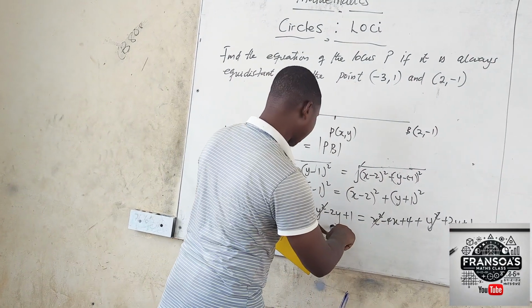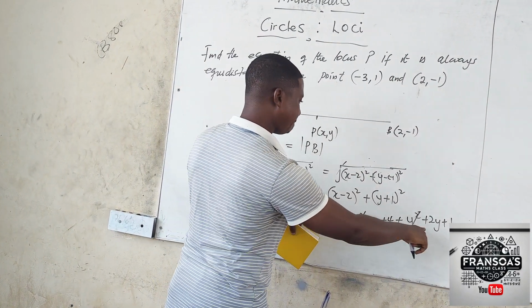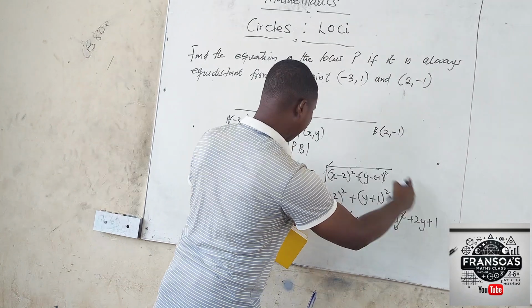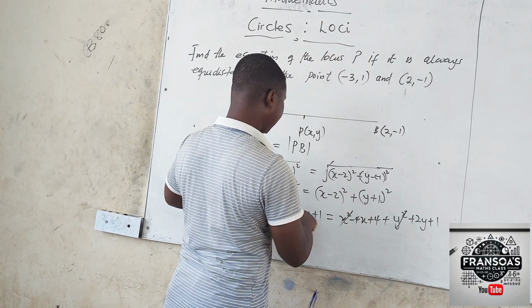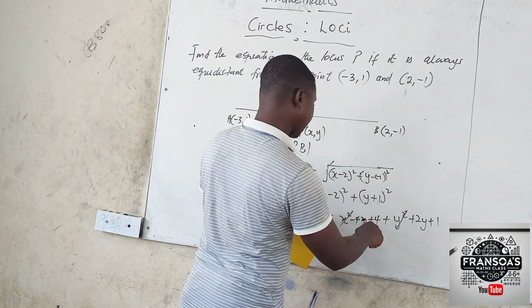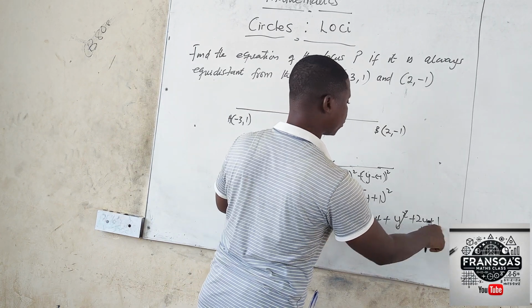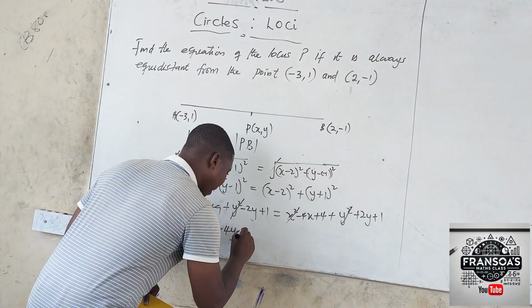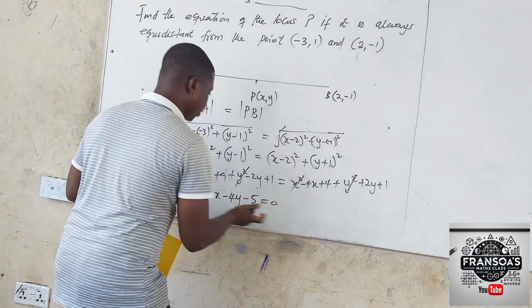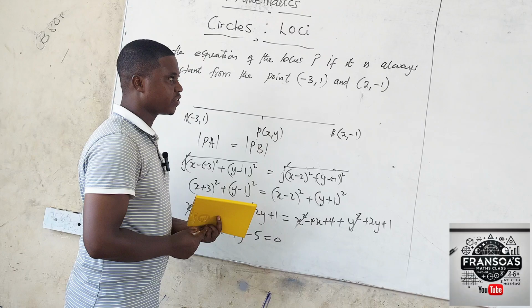Then considering the y, we have -2y, and this is plus 2, so it comes here as minus 4y. Then 9 plus 1 is 10, this 4 plus 1 is 5, so 10 minus 5 is 5. So 10x minus 4y plus 5 is equal to 0. This gives you the equation of the locus.